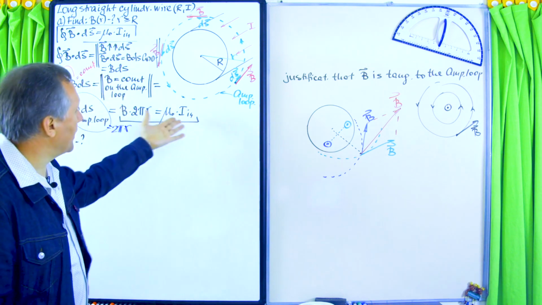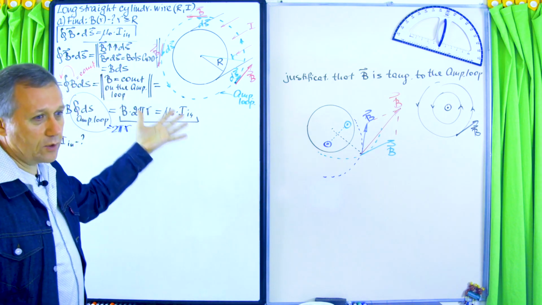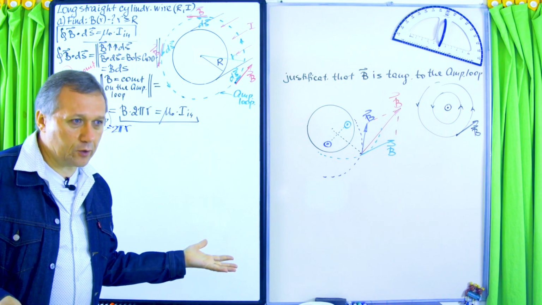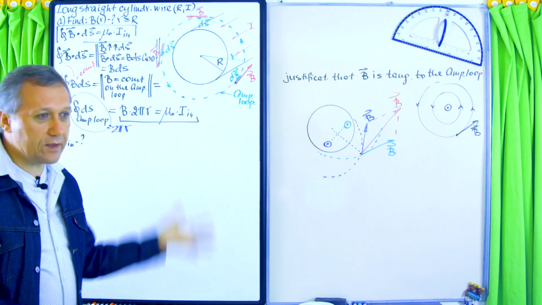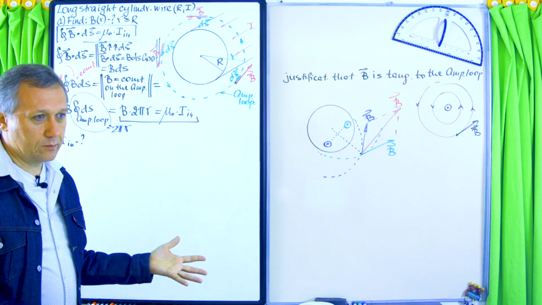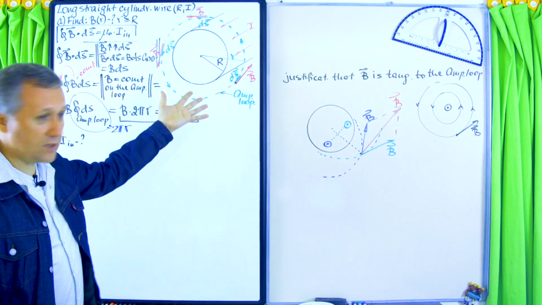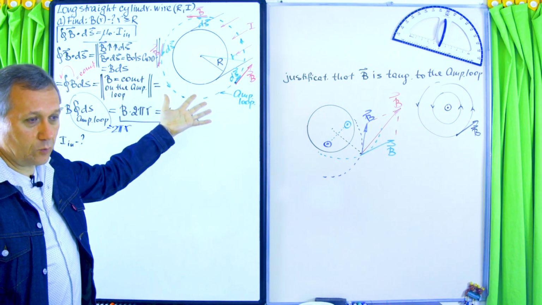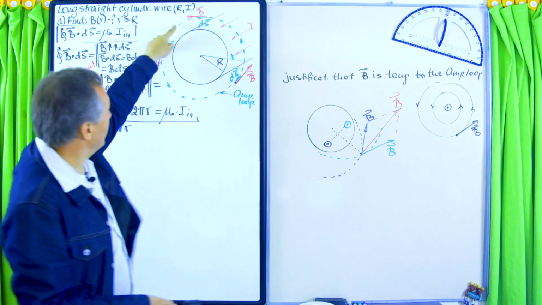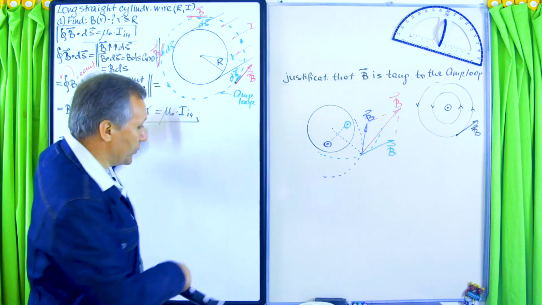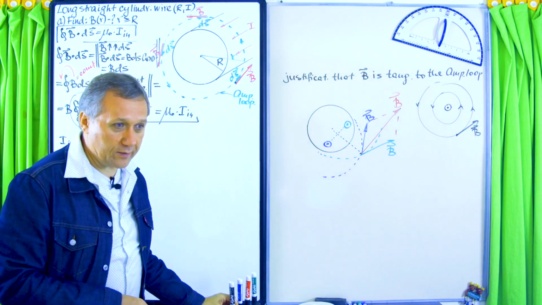So now we need to find I enclosed, basically using the definition of I enclosed. It's that amount of current which is physically within the Amperian loop, right? And in this case, it's trivial. What's the total amount of current within the Amperian loop? The Amperian loop embraces the whole current.